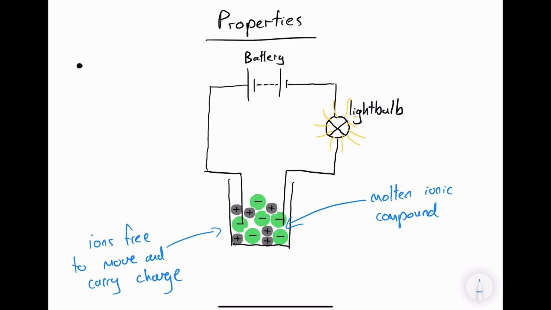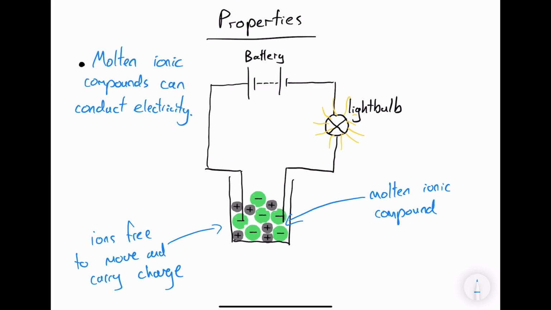Because as a liquid, the ions can flow over and around each other. Therefore, molten ionic compounds can conduct electricity. Similarly, ionic compounds that are dissolved in water, which are aqueous or in solution, can also conduct electricity because the ions are free to move and carry charge.